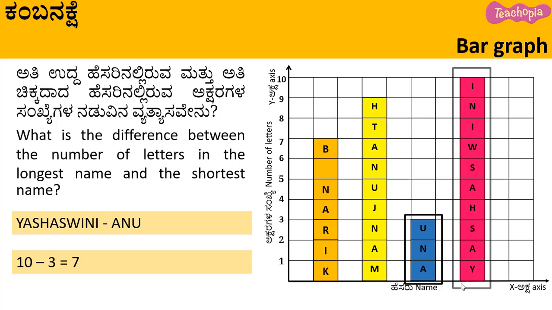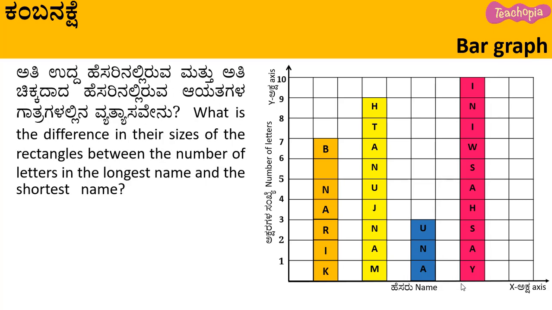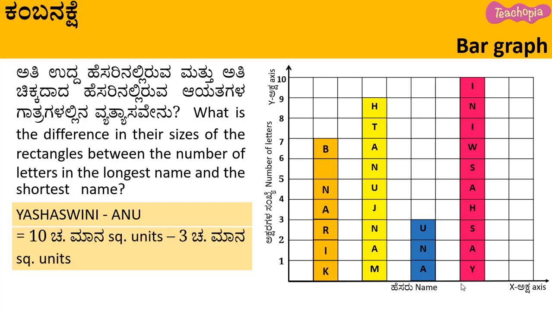The next question is, what is the difference in the size of the rectangles of the longest name and the shortest name? Yashaswini has a rectangle of size 10 square units and Anu has 3 square units. Hence, the difference is 7 square units.